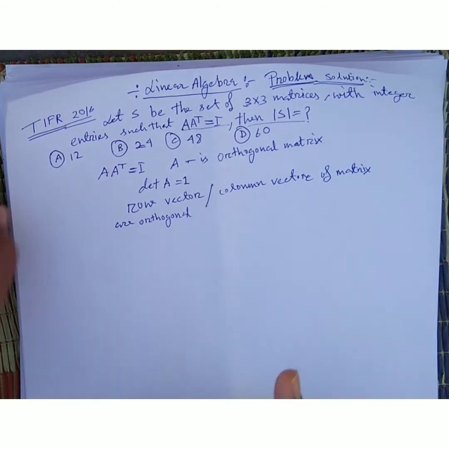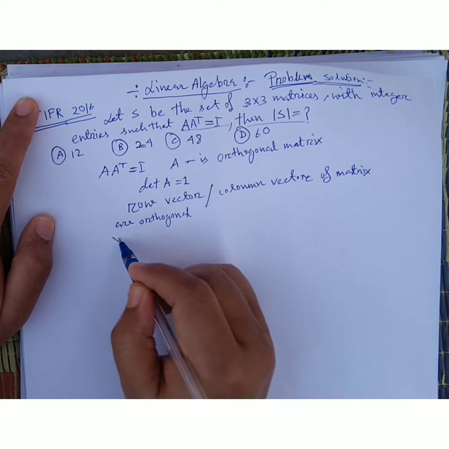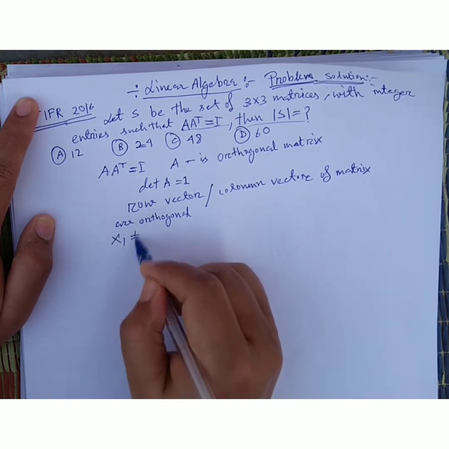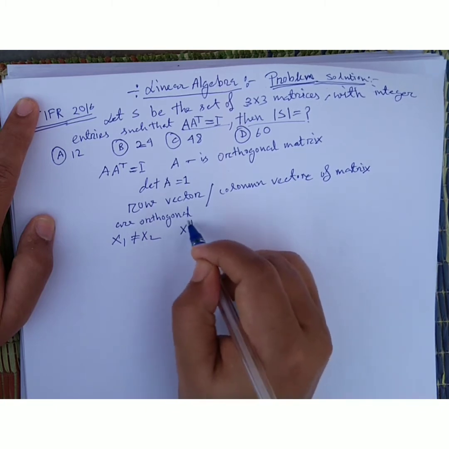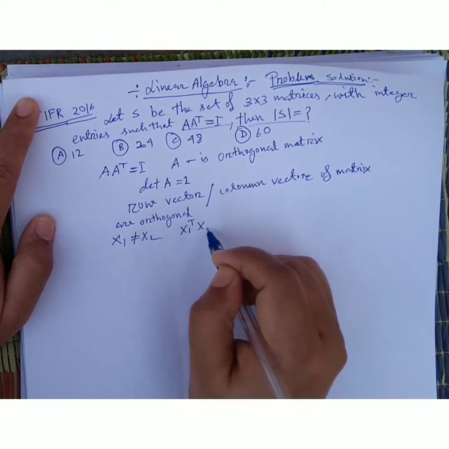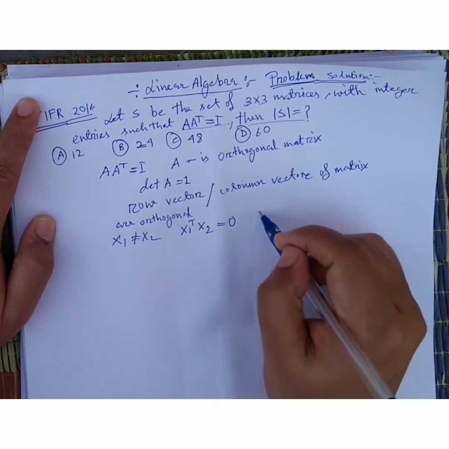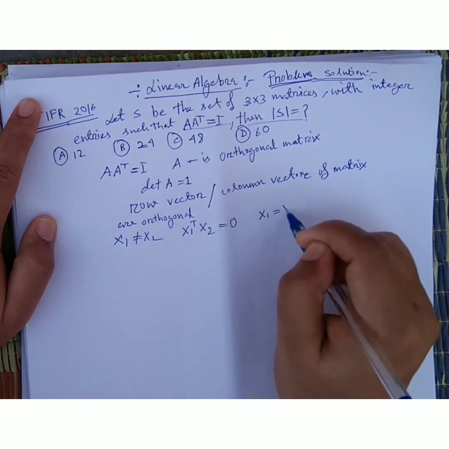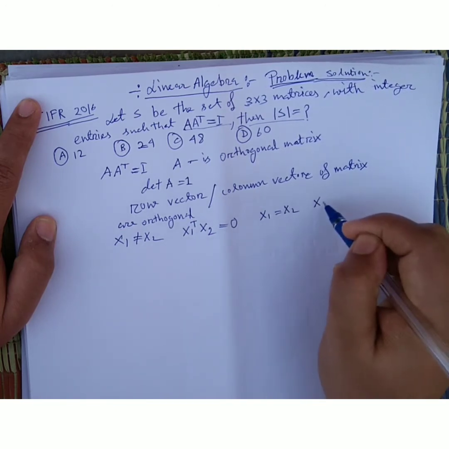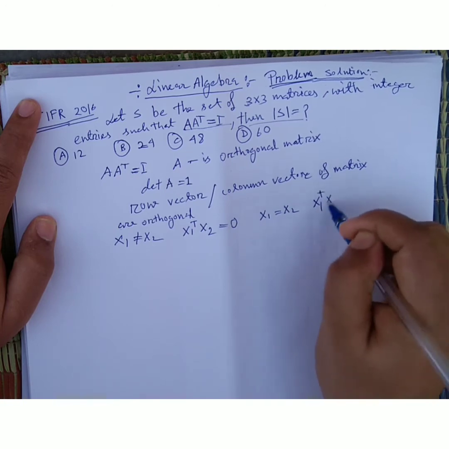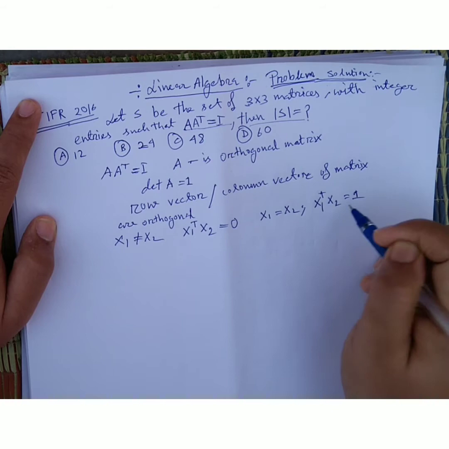What is the condition of orthogonality, friends? I will discuss that. Suppose x1 does not equal x2, then x1 dot x2 is equal to 0. And if x1 equals x2, then x1 dot x2 is equal to 1.